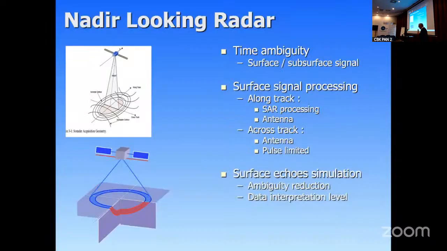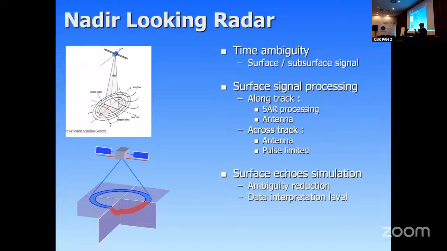You can see here how the nadir-looking radar works. This is the surface of the planet, and the radar is looking down. And you have two different properties, which can be good and bad. The signals coming from the same distance arrive at the same time, which means that we send the impulse, which is reflected by this part of the surface and that one, and there is reflection at the same time.